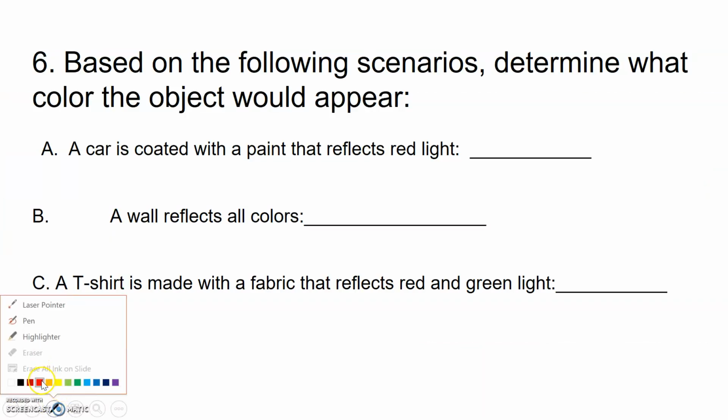All right, so let's do some example problems here. Based on the following scenarios, we want to determine what color the object would appear to us. A car is coated with a paint that reflects red light. So here's the key thing: it reflects red light.